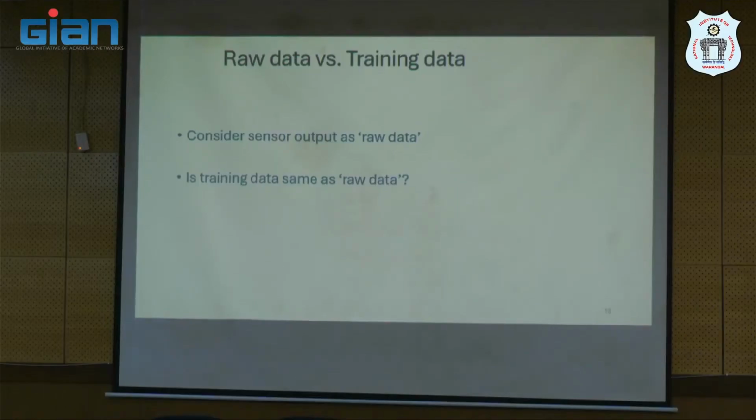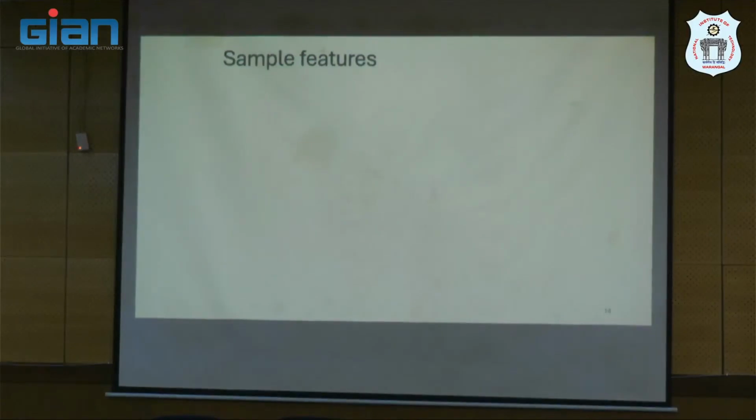So let us look at it from our electrical engineering perspective. Let us consider that this is my current in ampere, and this is time in seconds. Let us say this is the output from a sensor.